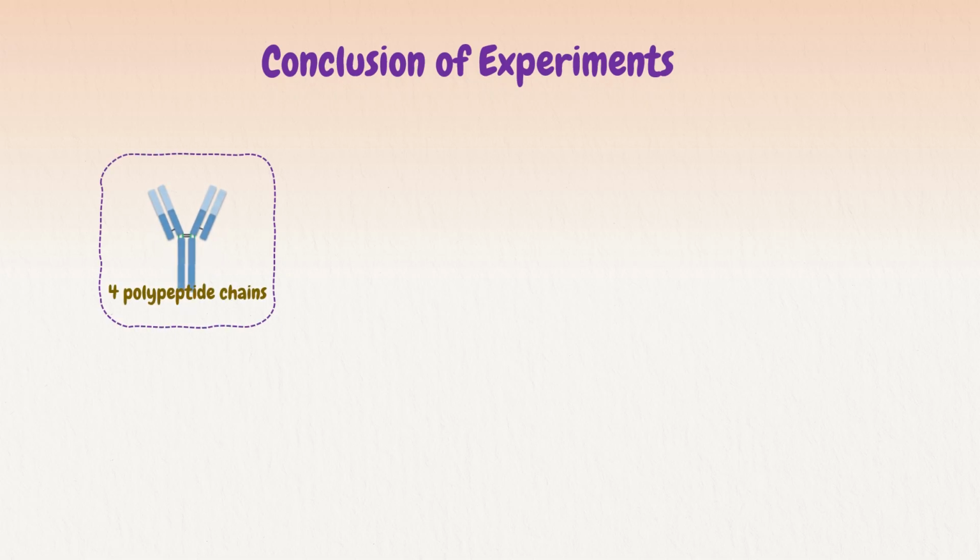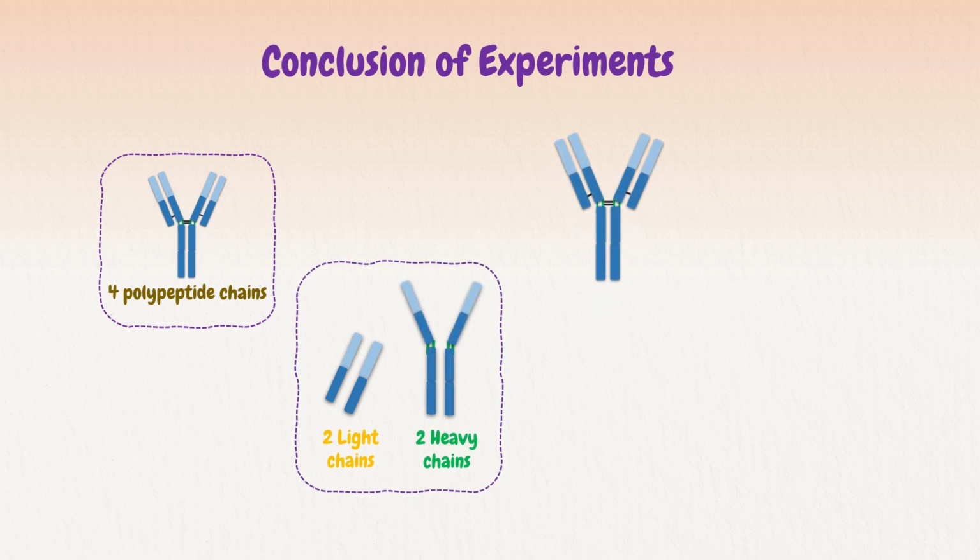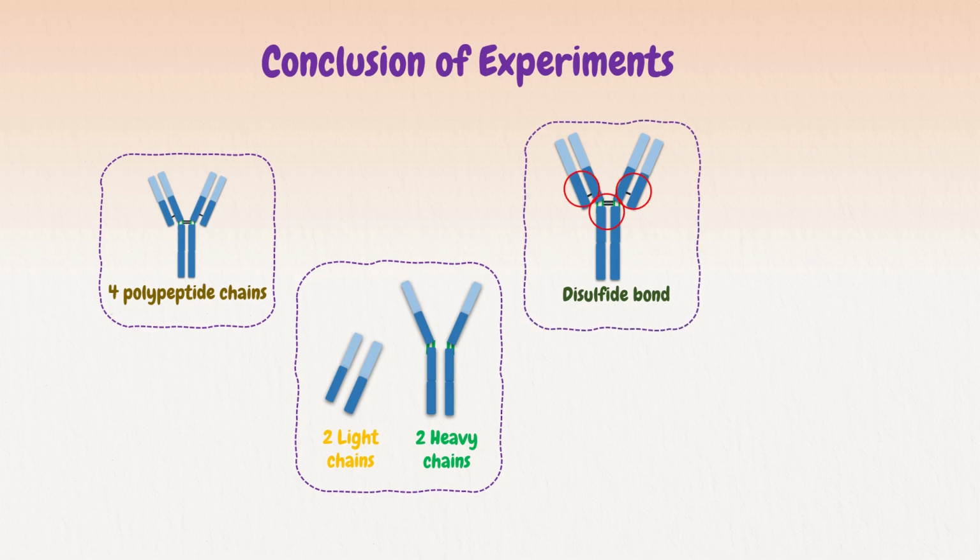So all in all, these sets of experiments revealed that all antibodies share a common structure of 4 polypeptide chains, consisting of 2 light chains and 2 heavy chains. Each light chain is connected to its partner heavy chain by a disulfide bond between corresponding cysteine residues.